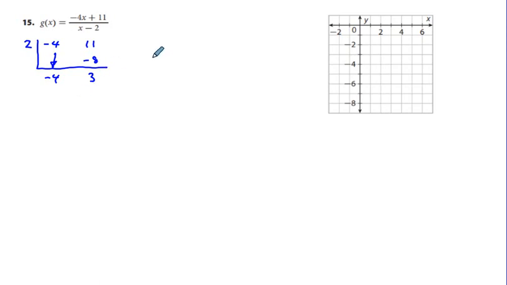So what we get here is equivalent to negative 4 plus 3 over our divisor, which is x minus 2. And to get this into a more conventional standard form, I'm going to write this as g of x equals 3 over x minus 2.